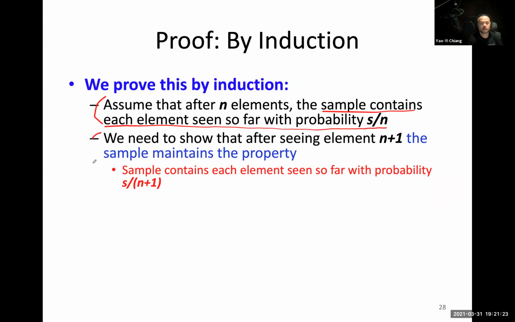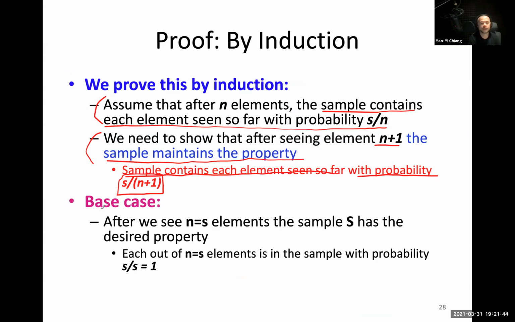We need to show that after seeing the n plus 1 element, the sample will still maintain the same property. So that means the sample contains each element seen so far with a probability s over n plus 1, right? Because now you have seen n plus 1 samples.